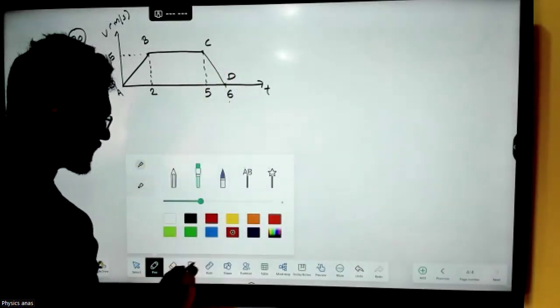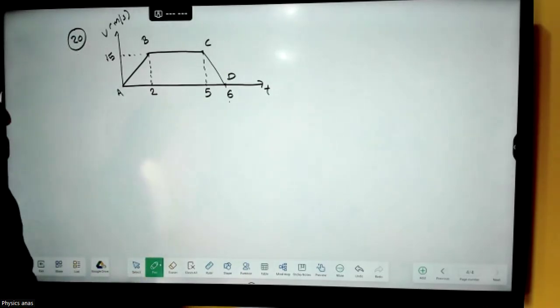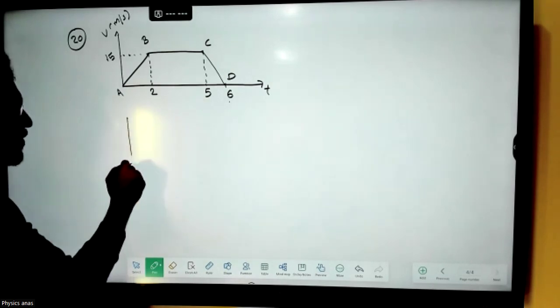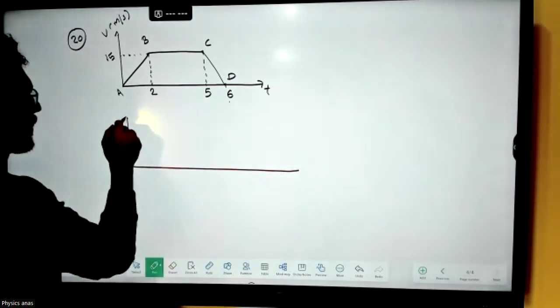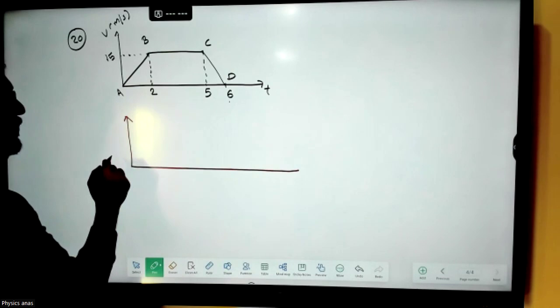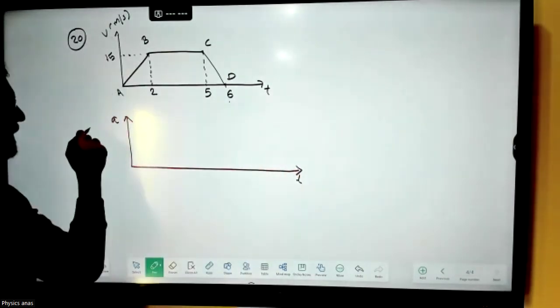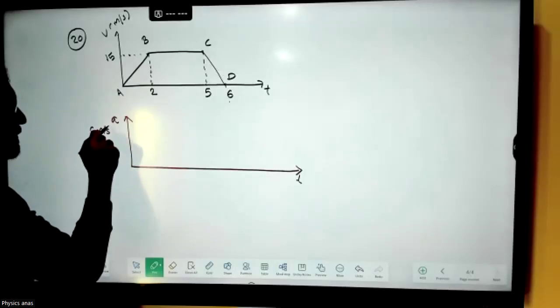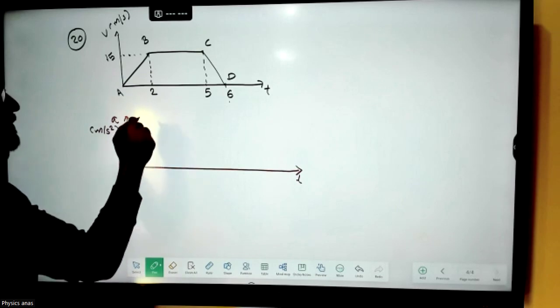Now what do you have to plot? You have to plot an acceleration time graph. So I am drawing a graph below. This is the acceleration time graph, with acceleration in meters per second squared. What are the time points?